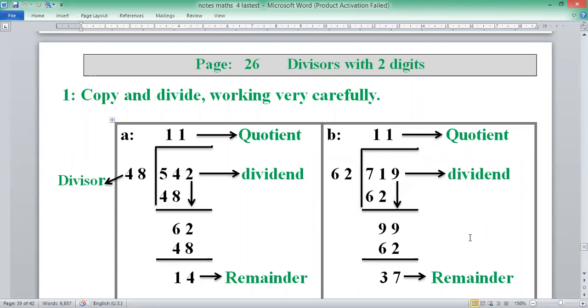These are the solutions of your book page 26. In this page, we are going to learn how we divide the given numbers by a divisor having two digits. Let us start from question 1.